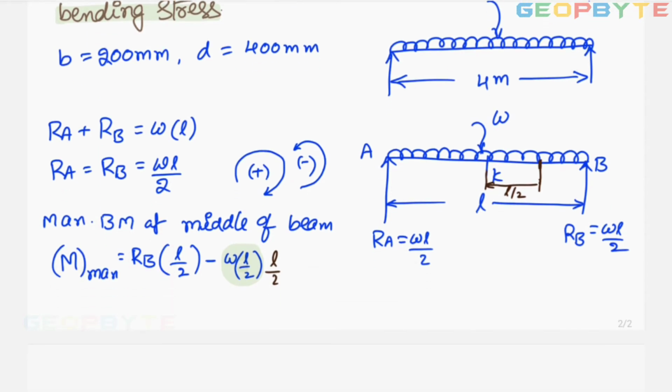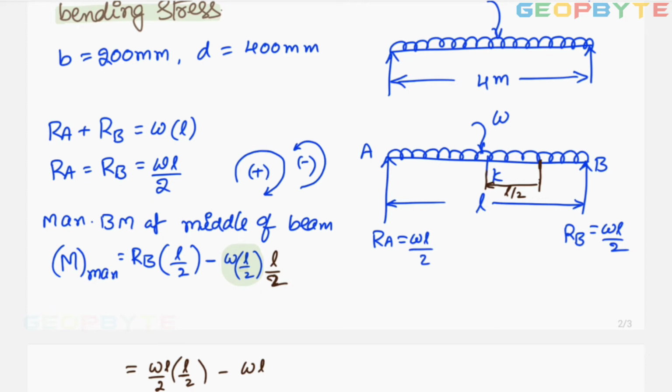Now let us simplify that part. It is equal to maximum bending moment, RB equal to WL by 2 into L by 2, minus WL square. One minute, okay, this is not L by 2, it is L by 4.